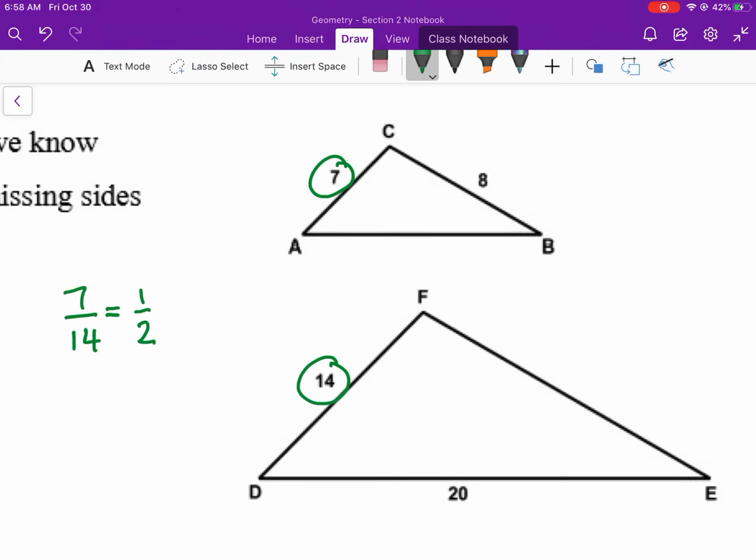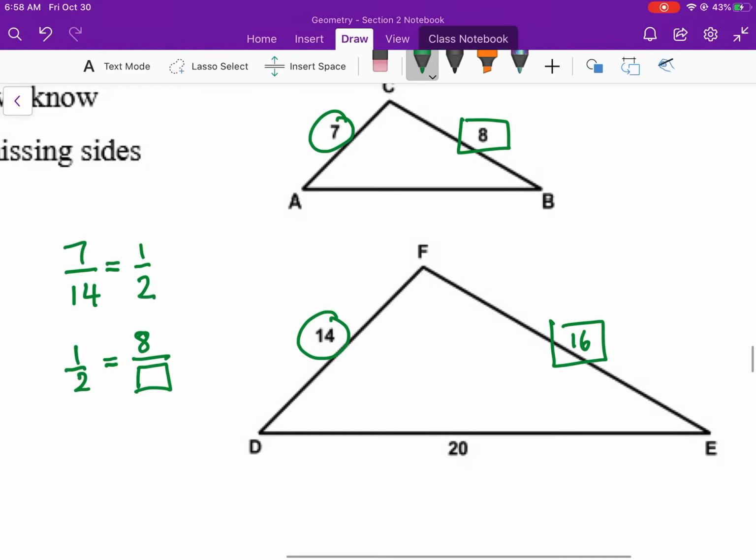Or I could do it the other way and do 14 over 7, which makes it a 2. It doesn't really make any difference. But when I do side 8, which side corresponds with side 8, BC over there, it would be side EF. So I know that whatever that side is, it has to be in that same proportion. Which is pretty easy to do in my head. It's got to be 16.